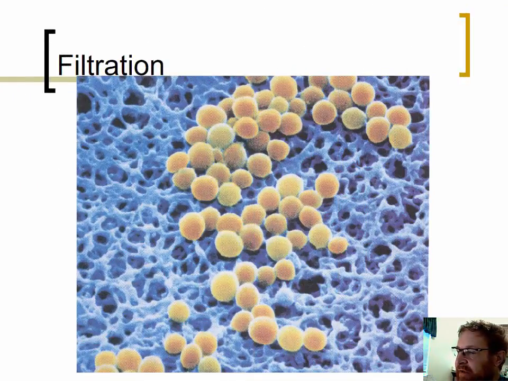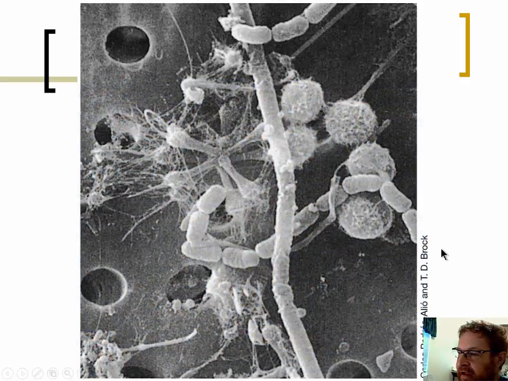Okay. Our last method of sterilization is filtration, and in a way this picture illustrates this pretty well, and that is that the bacteria are going to be trapped on one side of the filter material, and that's how we sterilize something, how we get rid of all the microbes in it, by actually trapping them on one side of the filter.